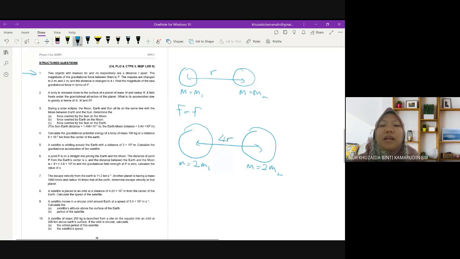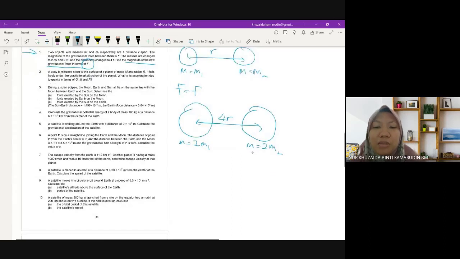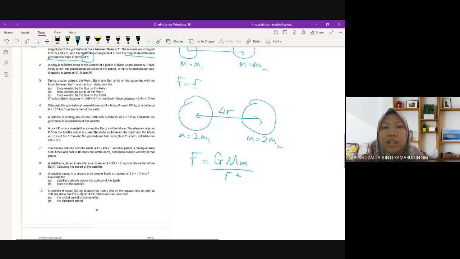Soalan ditanya, dia minta find the magnitude of the new gravitational force in terms of F. Kita buatlah equation macam biasa. F equals to GMm over R square. So ni general equation. Then baru kita buat substitution mengikut apa yang diberikan.